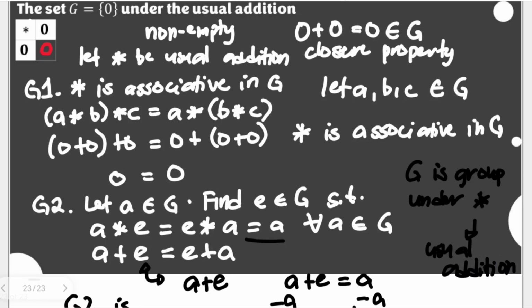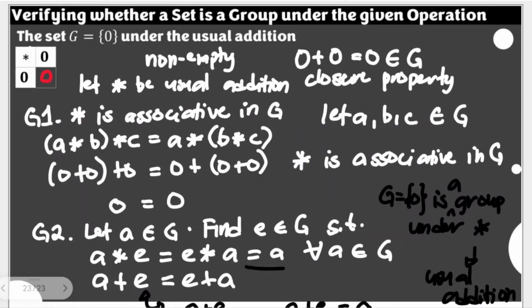Let me rephrase this: G, which is equal to the set containing 0, is a group under star, which is the usual addition. So we have shown that this set is a group under usual addition. Thank you very much for watching.